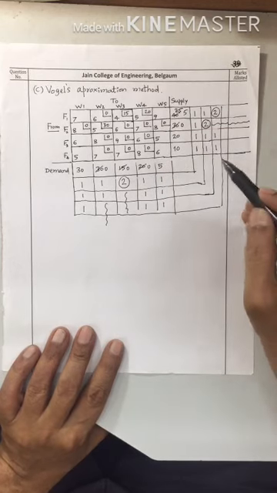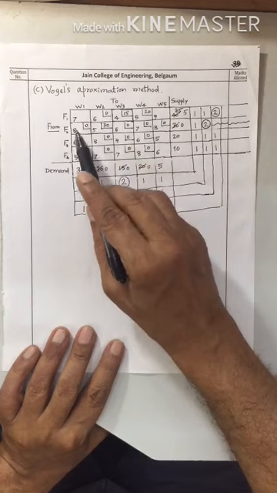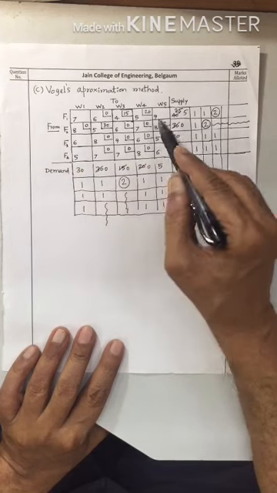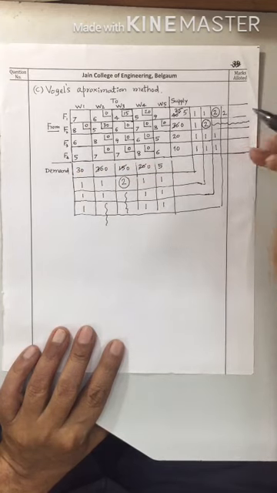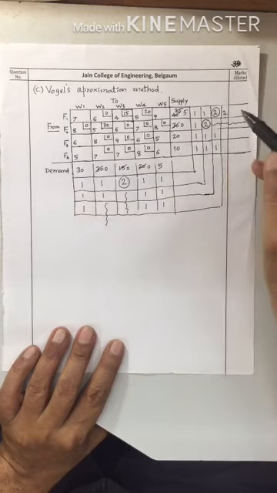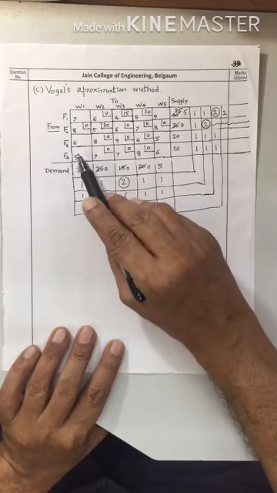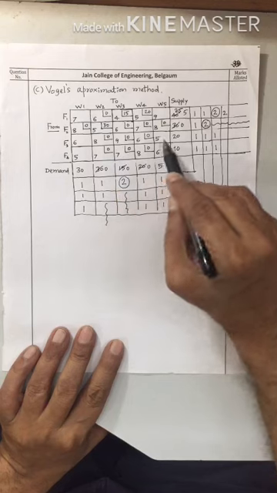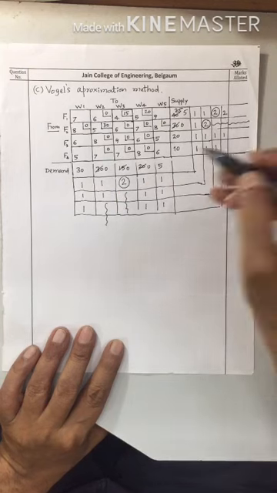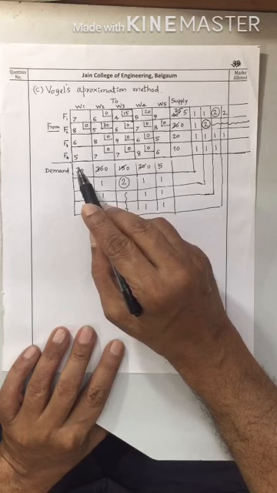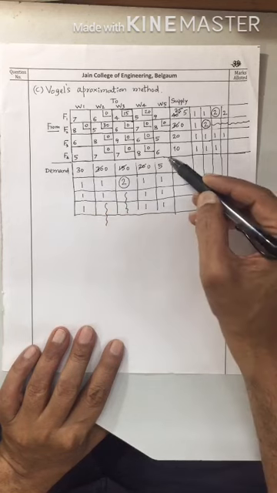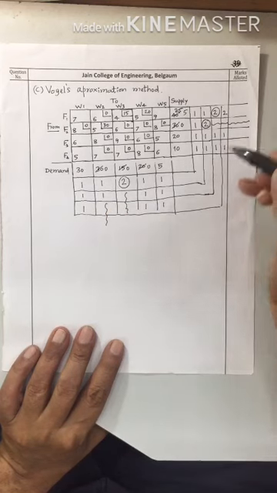Then again, the next one. So now 7 and 9, it is 2. The second row is over. Third row, 6 and 5, this is 1. Next, 5 and 6, this also is 1.